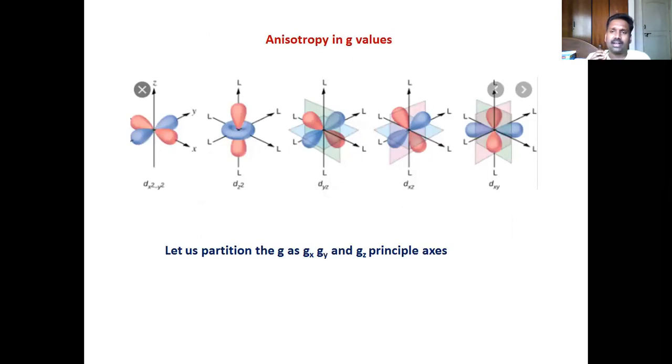Now, the shape of the orbitals is required for our discussion. That's why I've just shown you the slide. You know, in a crystal field, for example an octahedral field here, we can partition our overall G value into three components: Gx, Gy, Gz.